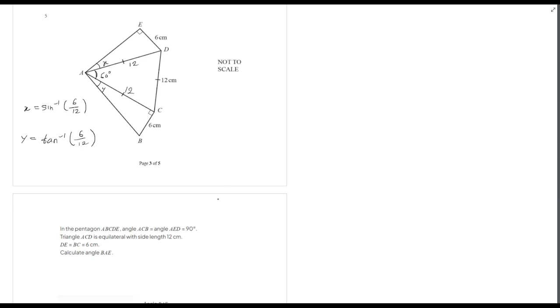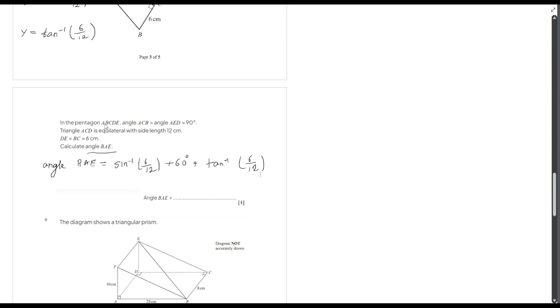Therefore my angle BAE will be equal to sine inverse 6 by 12, plus 60 degrees, plus tan inverse 6 by 12.